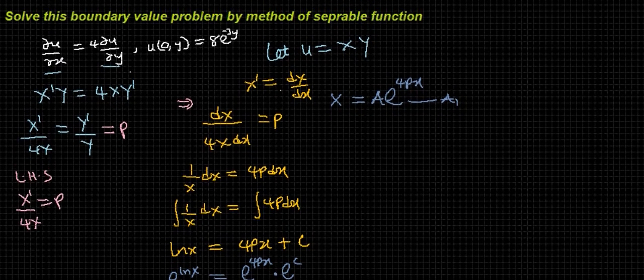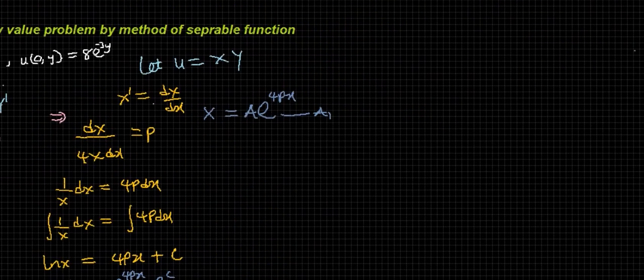Now let's look at the second part, the right hand side. From the right hand side, we have Y prime over Y equal to p. Similarly to what we did earlier, Y prime is dY over dy.